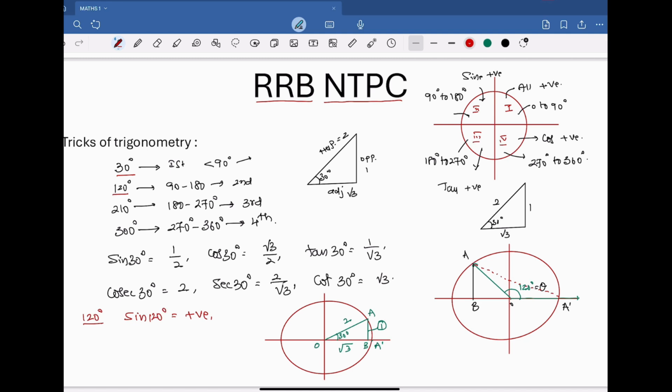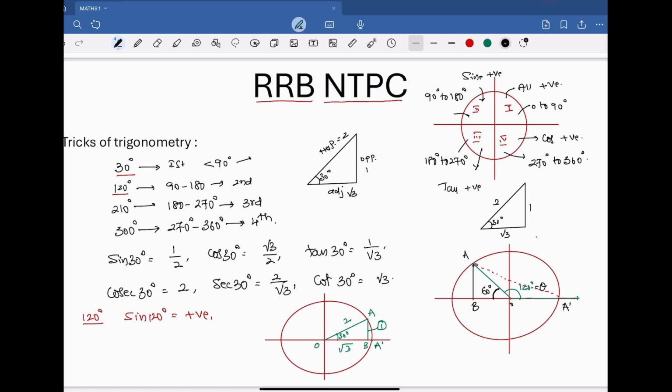Like this, in the first quadrant OAB is on the right hand side, in the second quadrant the OAB is on this left hand side. Now, for a theta of 120 degrees, what is this theta? 180 minus 120, that is 60.